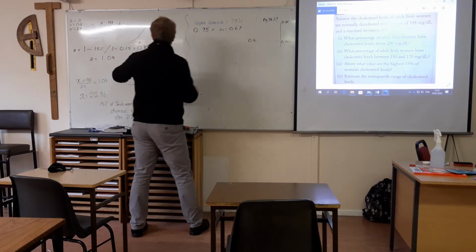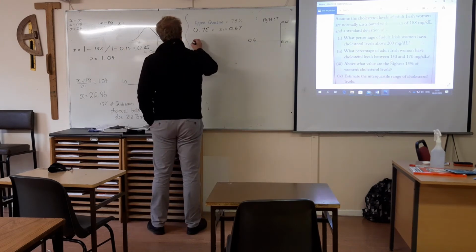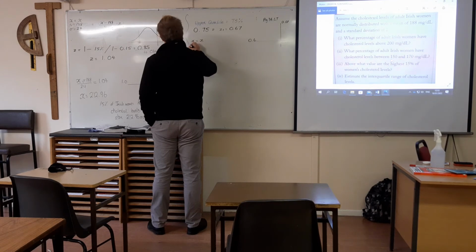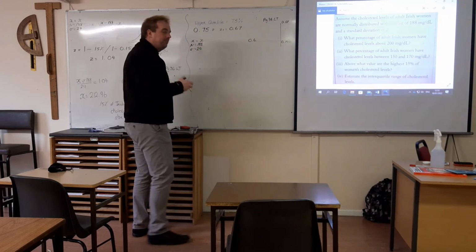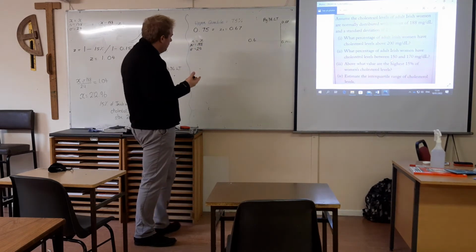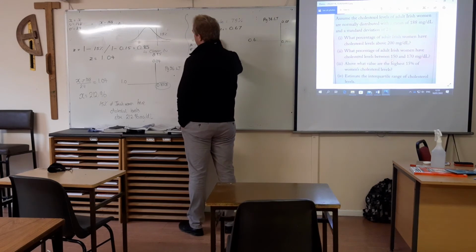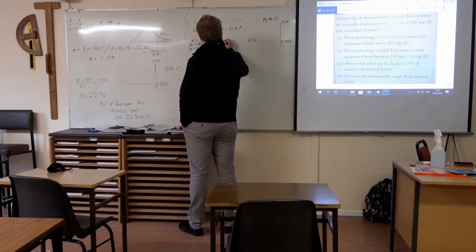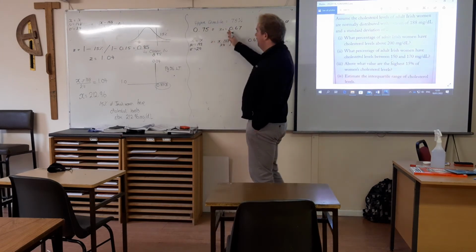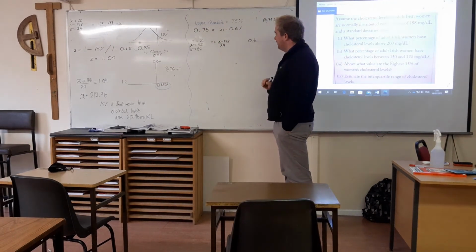Now again, this is very similar to the last question. We're trying to calculate the value for x. We do not know x at the moment, so we're going to leave it as x. 188 is still the mean, the deviation is still 24. We sub these values into our z-score formula. We already know the value for z for the upper quartile is 0.67.